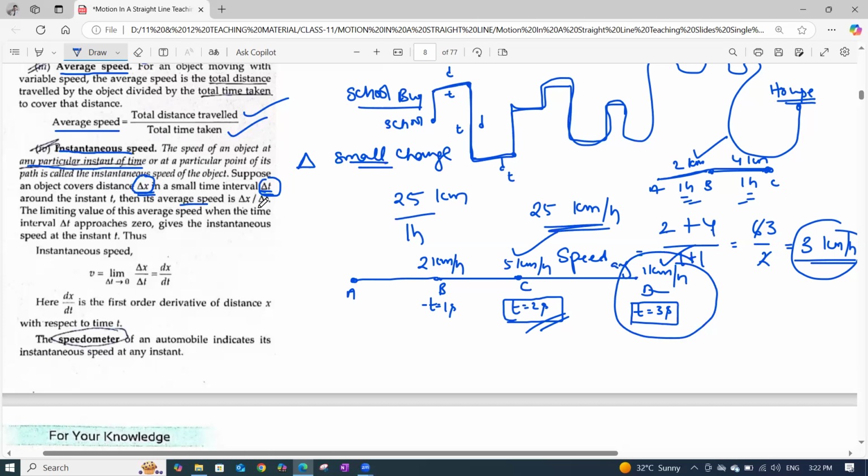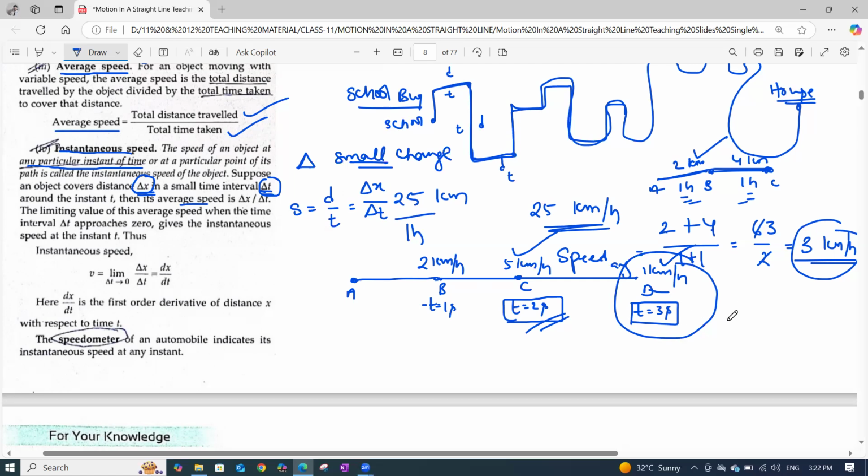And what is speed? We know speed is equal to distance by time. Here distance we are taking it as delta x upon time we are taking it as delta t. Delta x by delta t. Now we are asking speed at a particular interval of time.